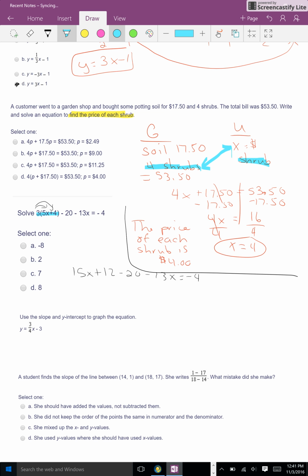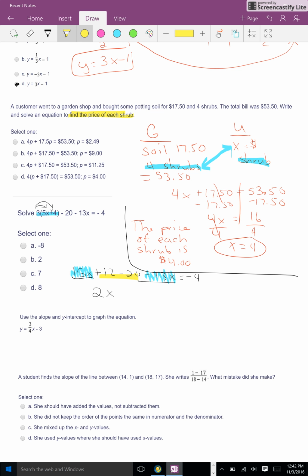So from here, we can start collecting like terms or combining like terms. I like to put my x's first. So I'm going to group all those together. And then I'm going to do what it tells me to do. It tells me 15x minus 13x. So then I know it's 2x.